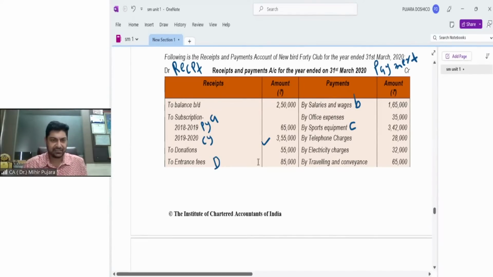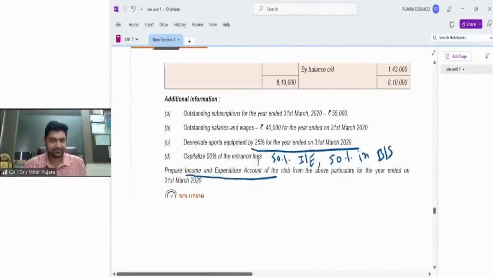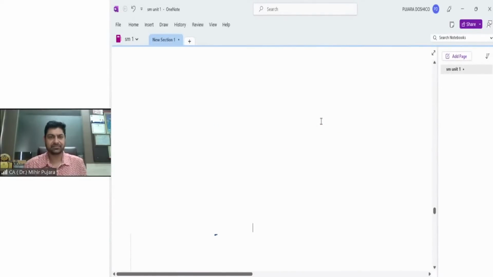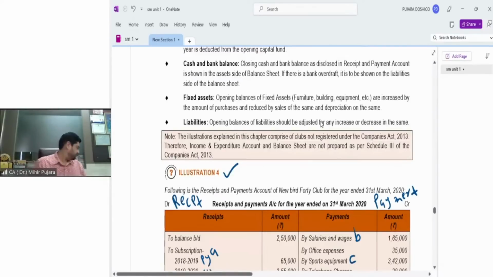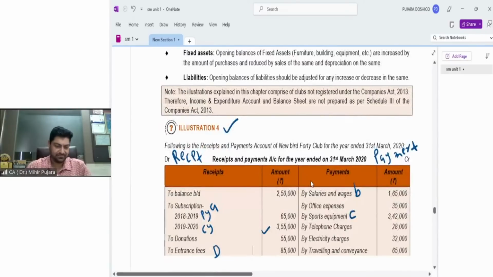How much outstanding is given? 55,000. It should be 410.